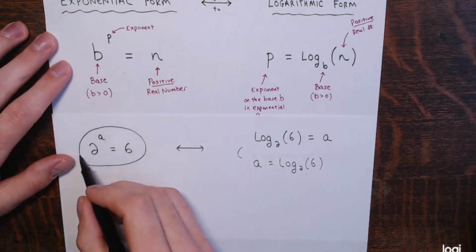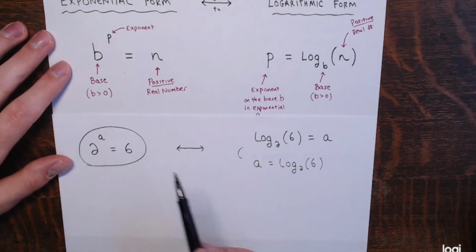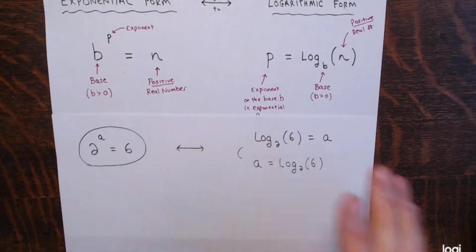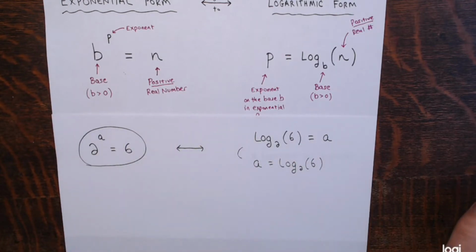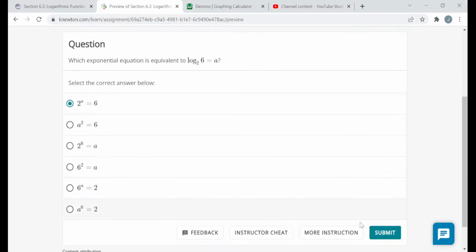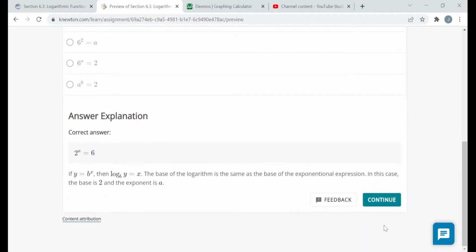And that's what they want. Take this logarithmic statement, write the equivalent exponential statement. They mean the exact same thing, just look different. And that's this first option here, 2 to the a power equals 6. Great.